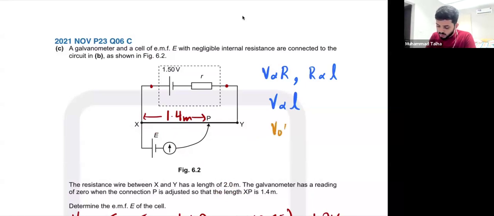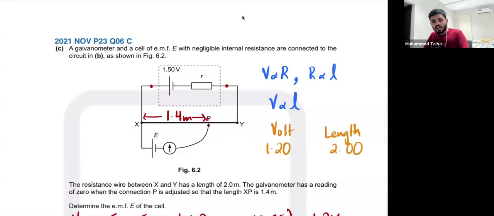Let's make a table as we used to in elementary school with the unitary method. So I have volts, I have length. I know 1.2 volts appears across a length of 2 meters, right? You should also know that at the balance point, whatever voltage this is across here is balanced out by the EMF. This is why no current flows through here, right?